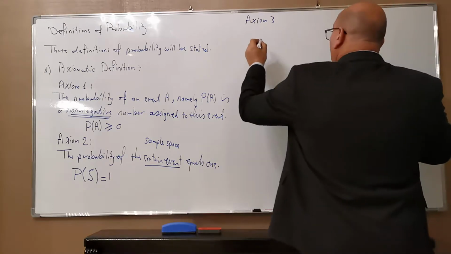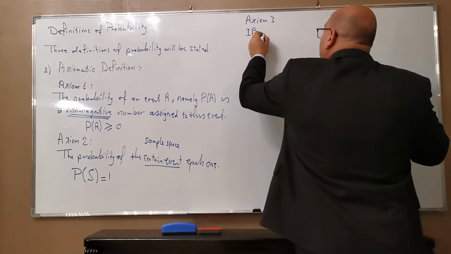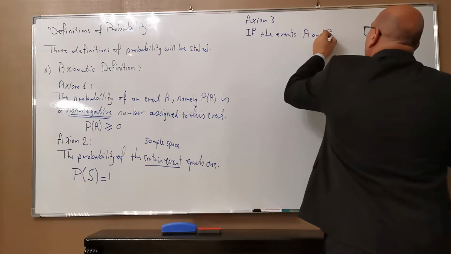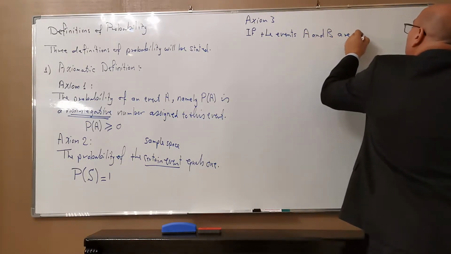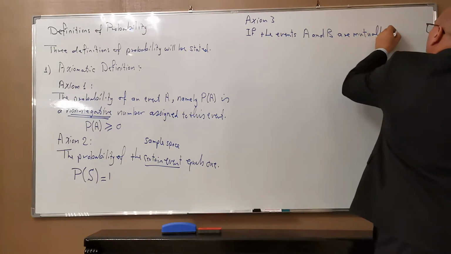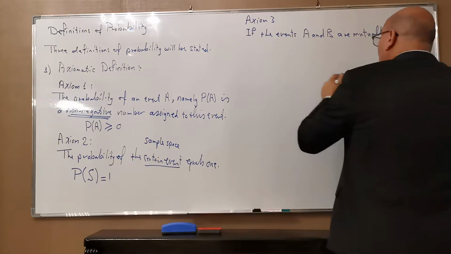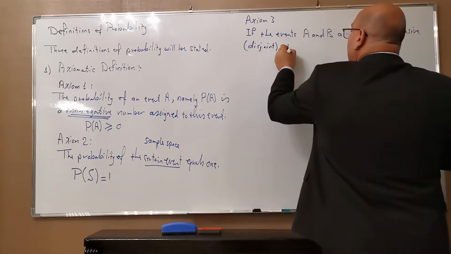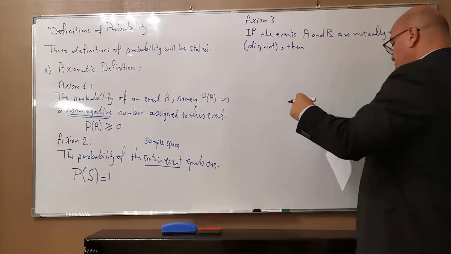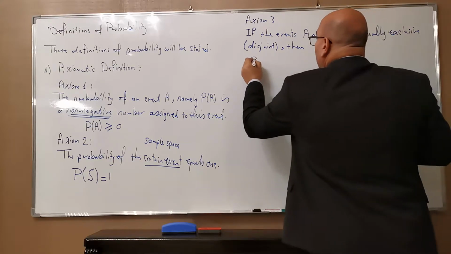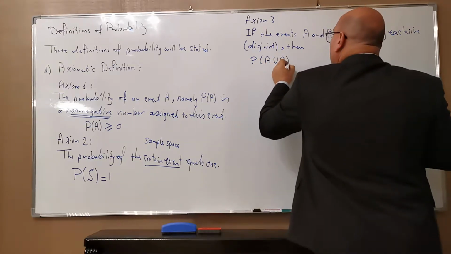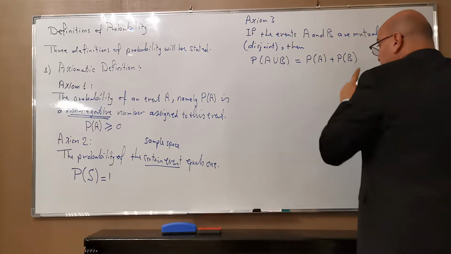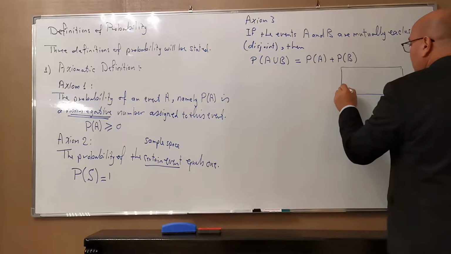And axiom 3, if the events A and B are mutually exclusive or disjoint, then the probability of A union B is equal to the probability of A plus probability of B. And you can see this through the Venn diagram.